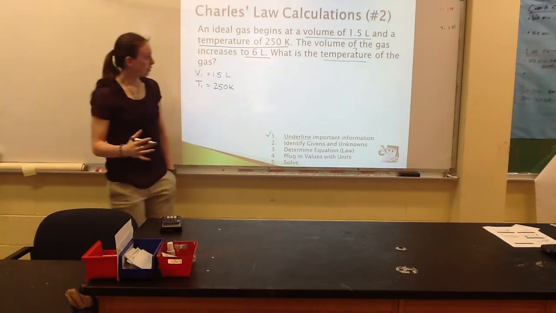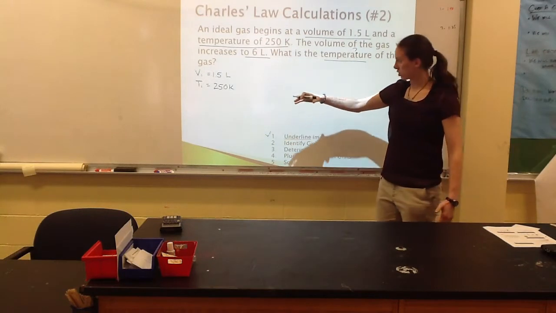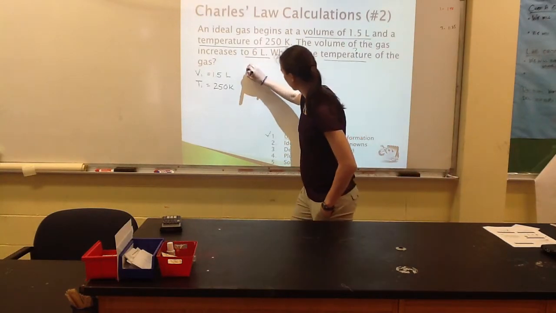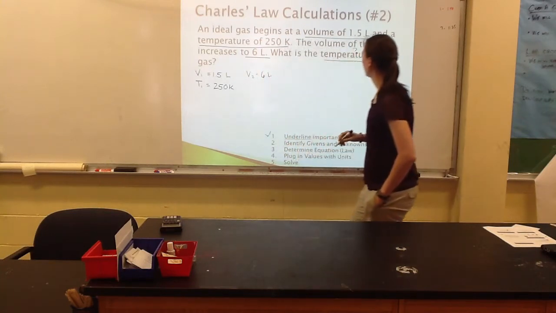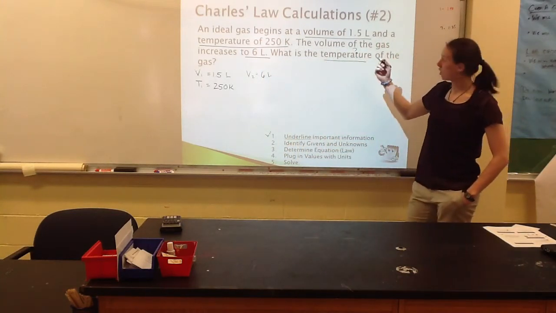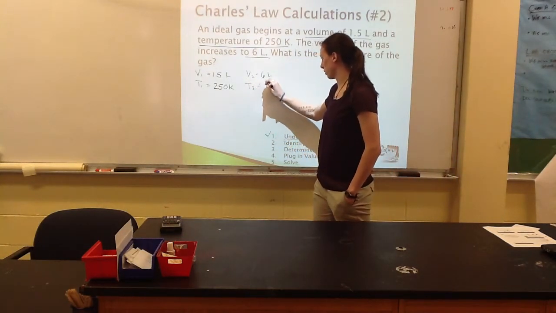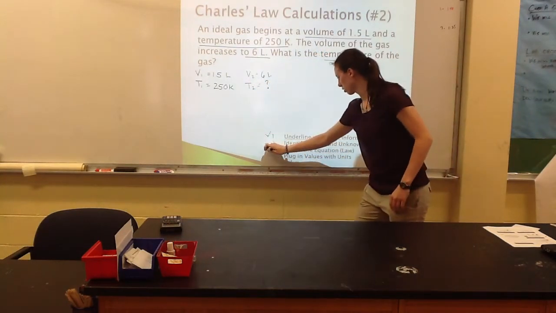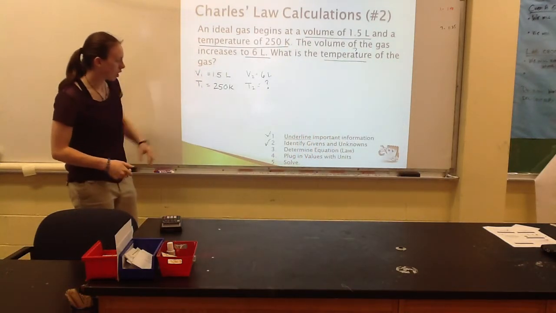In our second set of conditions, the volume of the gas increases, so we have a change occurring. It's going to be our second: V2 is 6 liters. And as we already identified, our unknown is temperature, so T2 is our question. We've underlined important information, and we've got our givens and our unknowns.